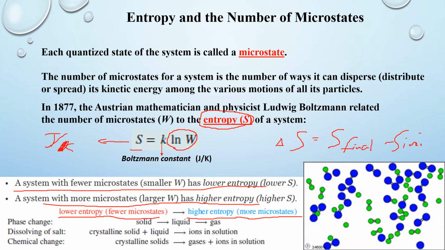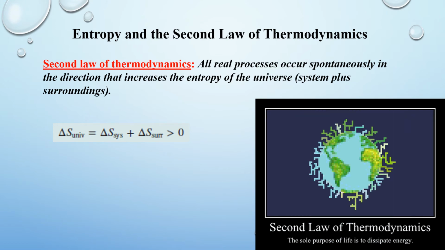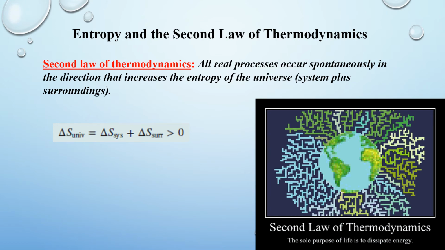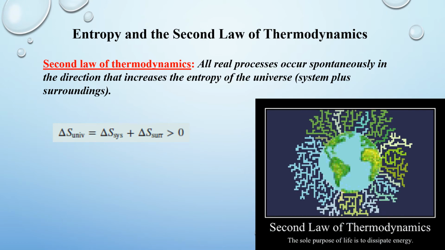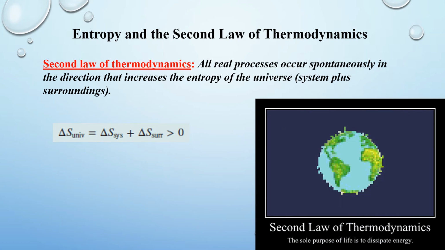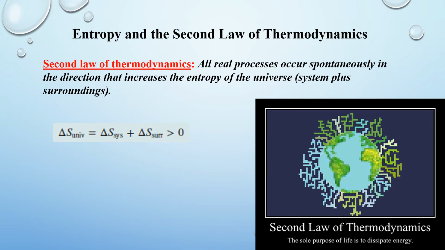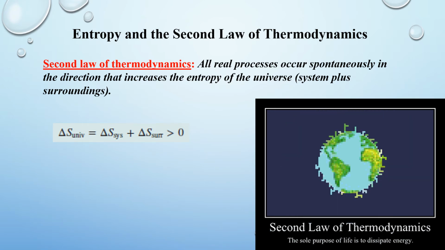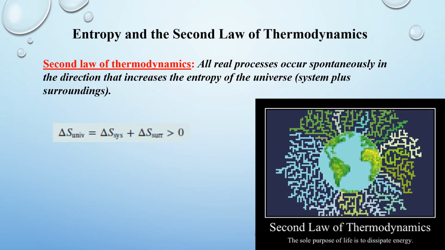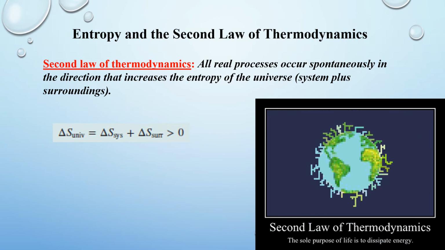The answer is no. In the previous class, we looked at spontaneous reactions that are endothermic, and we said we want a delta S greater than 0, where the final state has more freedom than the initial state. But that's actually not enough to determine the spontaneous change or its direction.